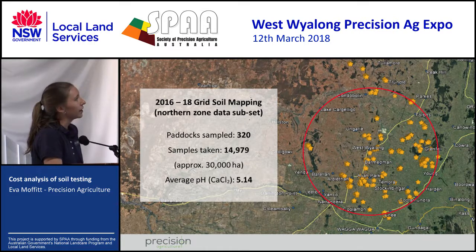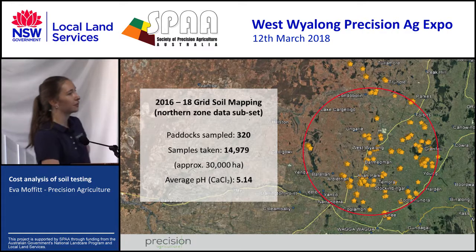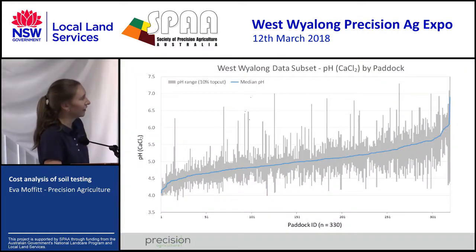So I've got a very busy graph coming up, but I'm going to explain it and hopefully you can catch my drift. Right, so each of those grey columns, bars, represents one paddock out of the 320 paddocks.